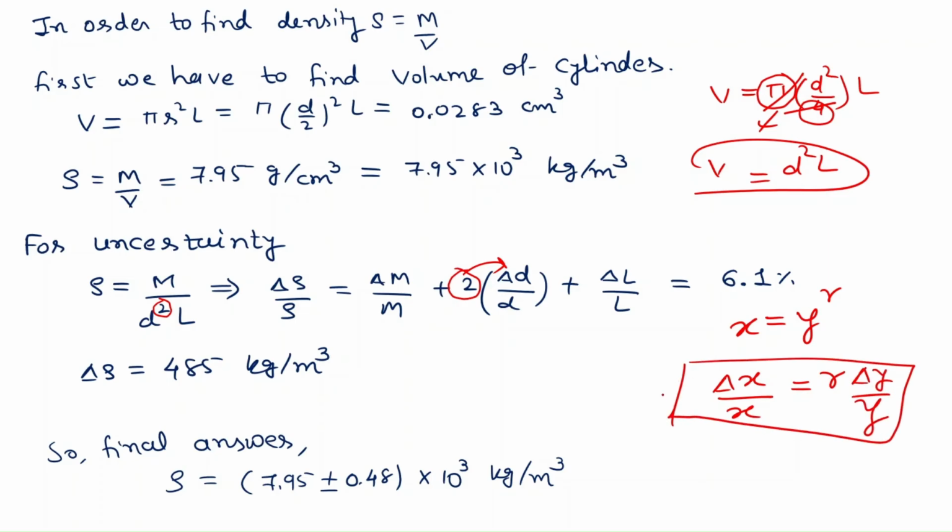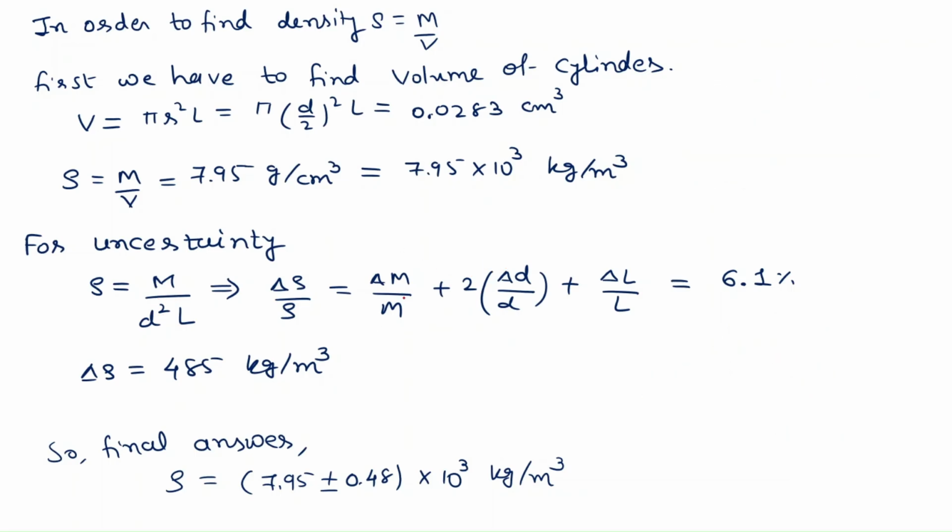This is the formula of uncertainty. We multiply by 2 because there is a square. If there is a cube, or third power, you have to multiply by 3. Here I multiply by 1, but I didn't show it because it doesn't affect anything.